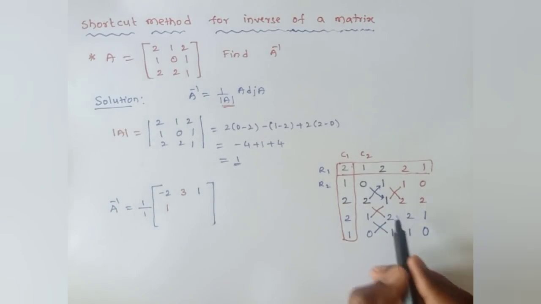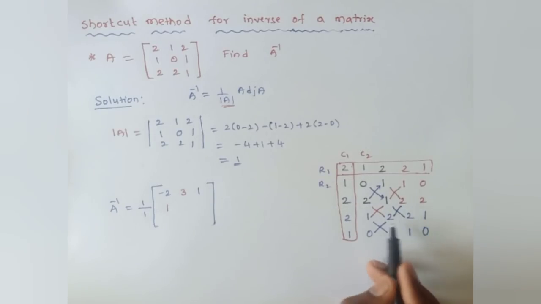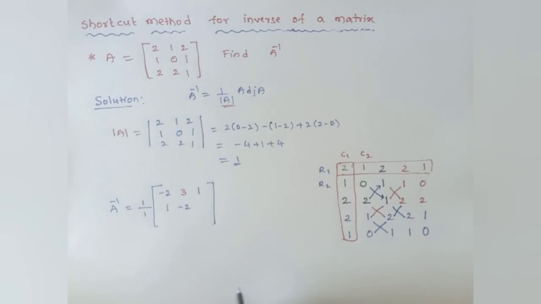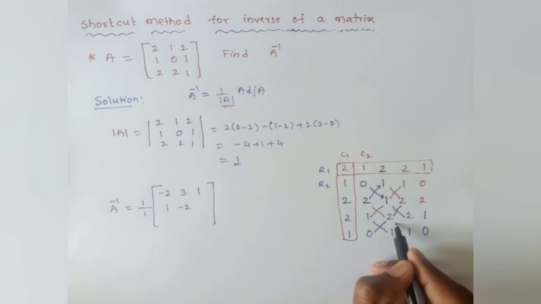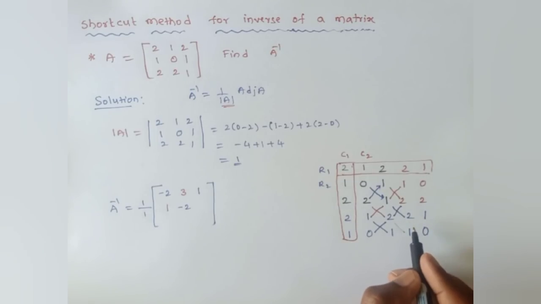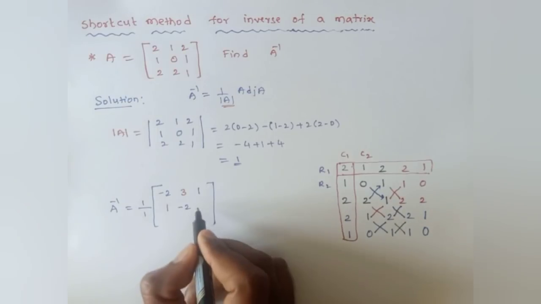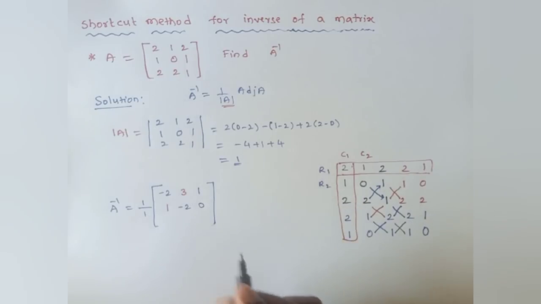Next, 1 into 2 minus 2 into 2, 2 minus 4 is minus 2. Next, 2 into 1 minus 1 into 2, so 2 minus 2, that is 0.